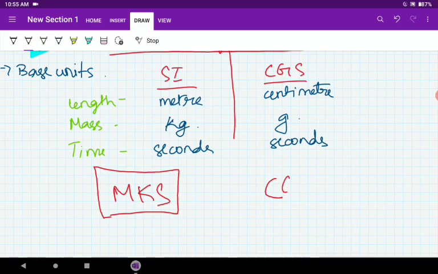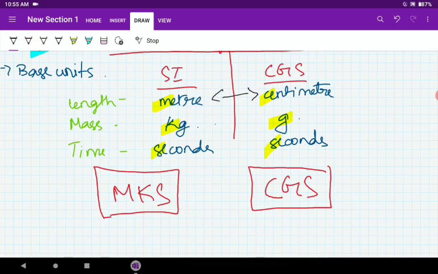MKS stands for meter, kg, seconds, while CGS stands for centimeter, gram, seconds. So we are clear. The CGS system can also be used, and both these units are actually interconvertible. We will be understanding that when we go to the conversion factors and all.